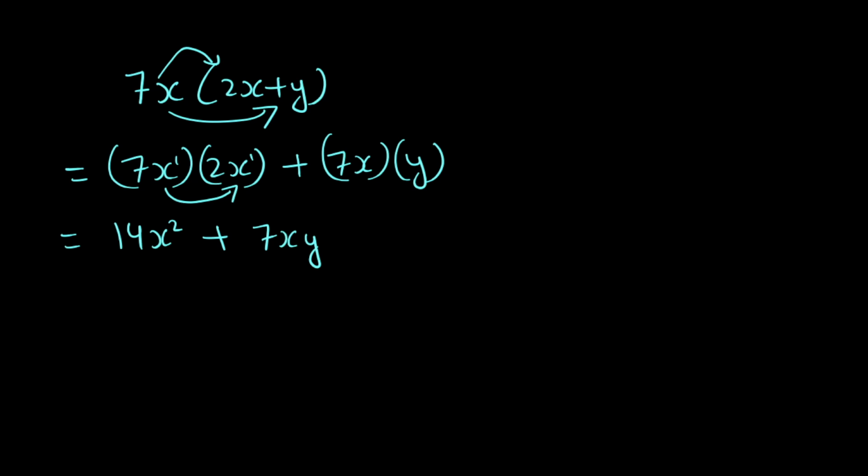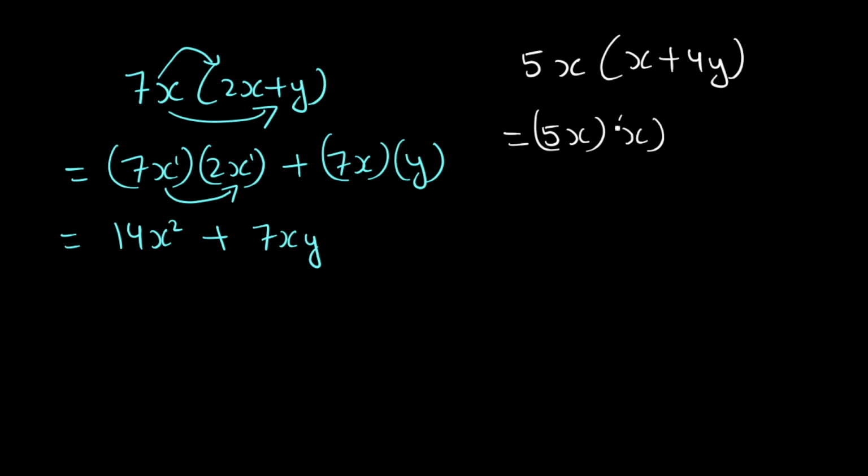Let's take a look at another example. We have 5x times (x plus 4y). Again we will distribute: 5x times x, plus 5x times 4y.